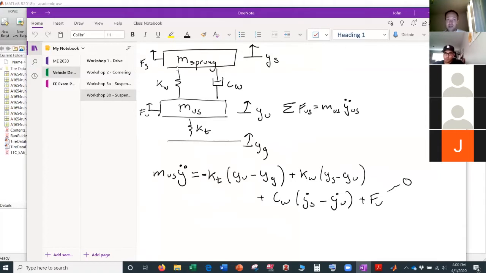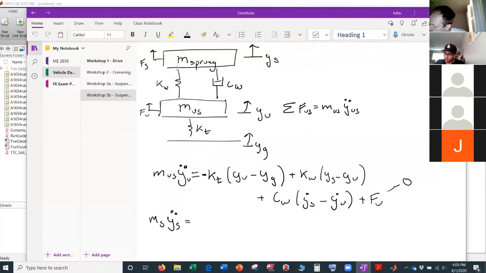So for sprung, now we want to do the same thing on the sprung mass. So we have mass sprung times y sprung double dot. It's going to equal, so this bottom spring, if it gets extended, pulls it down.